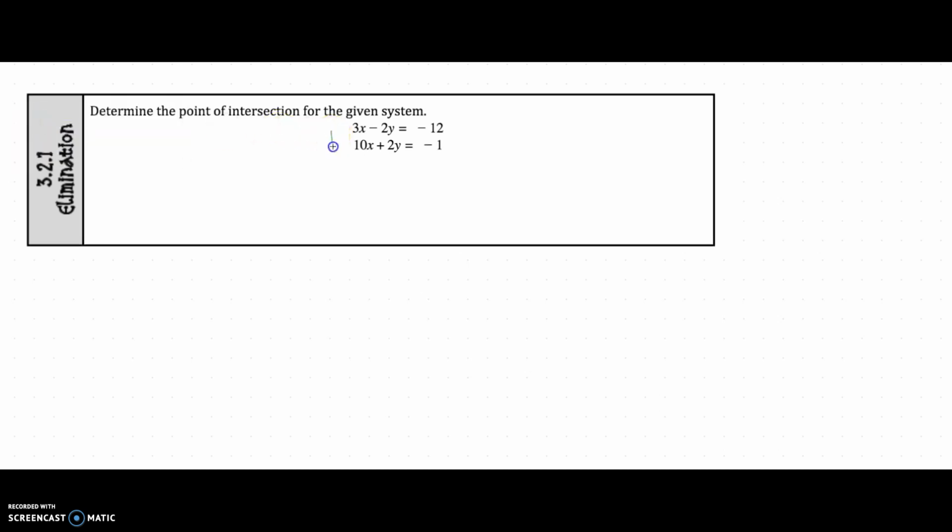So I'm going to draw a big plus sign to remind myself that I'm adding. And then I have 3x plus 10x gives me 13x. Negative 2y and 2y cancel out. And then I have equals negative 12 plus negative 1 equals negative 13.